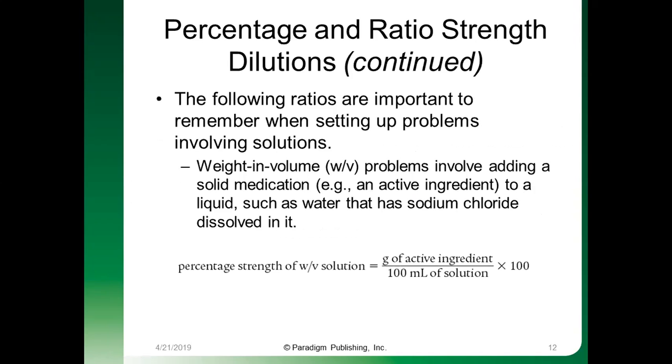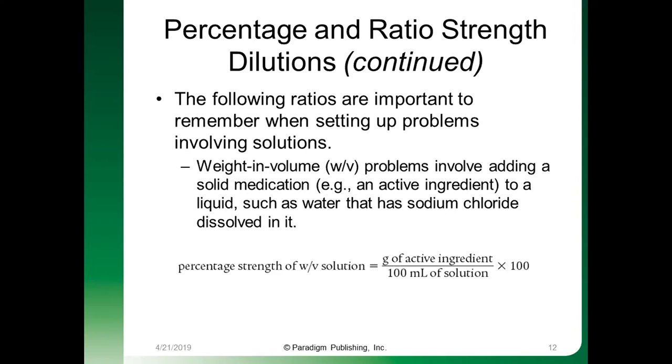The following ratios are important to remember when setting up problems involving solutions. For weight in volume, these are problems involving adding a solid medication, the active ingredient, to a liquid such as water that has sodium chloride dissolved in it. The percent strength of weight in volume would be grams of active ingredient over 100 mLs of solution times 100.